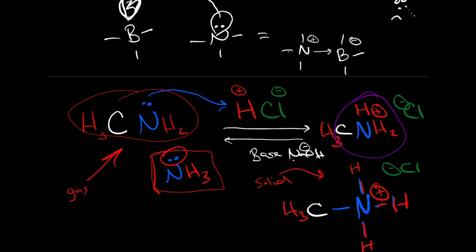And the sodium will pair up with chloride to make table salt, sodium chloride, and you'll get your gas back. It'll evolve back as a gas, released into the atmosphere. All right? So that is how you can get formally charged structures.